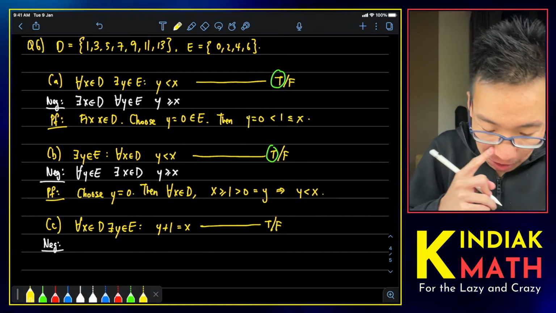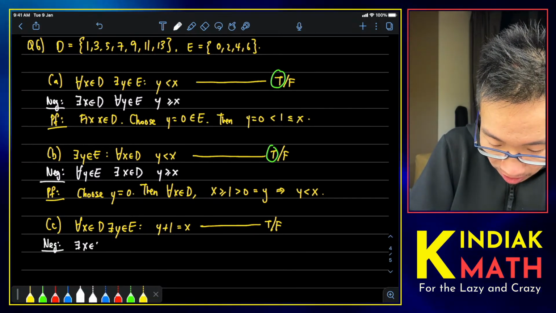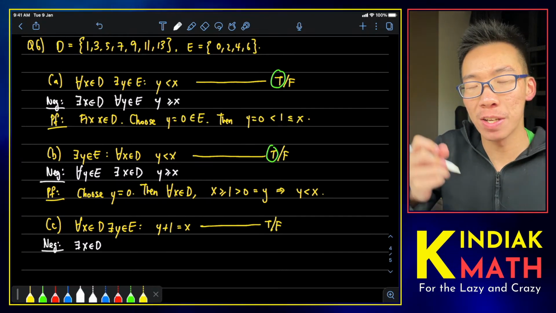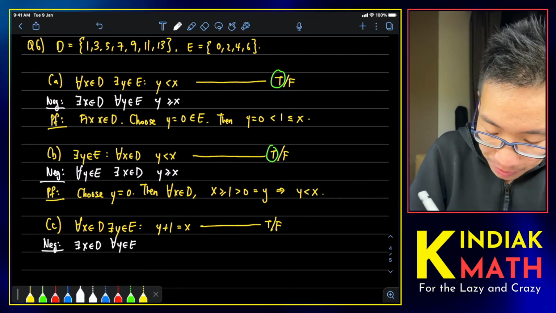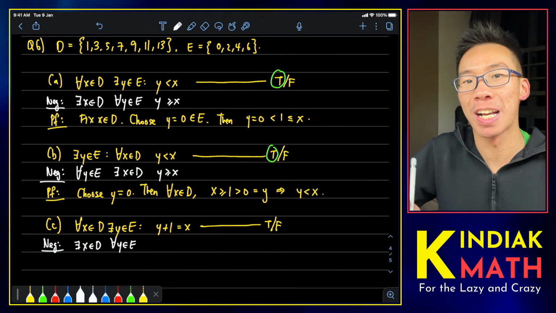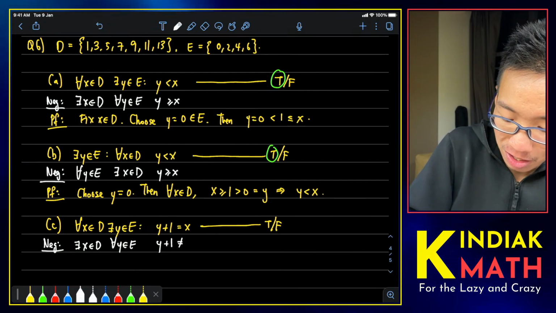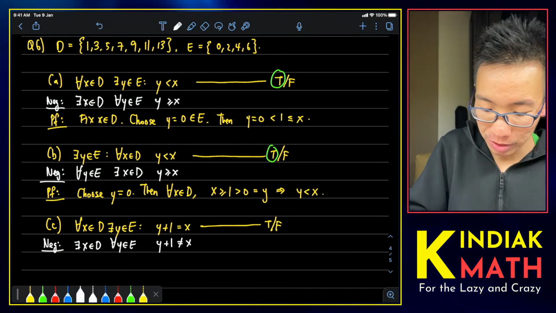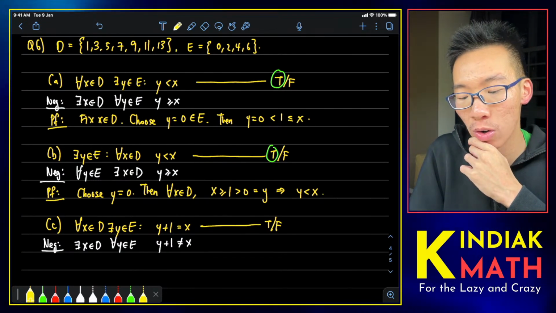To negate it, every for all becomes there exists, every exists becomes for all, and equals becomes not equals. That raises the question, is this statement true or false?